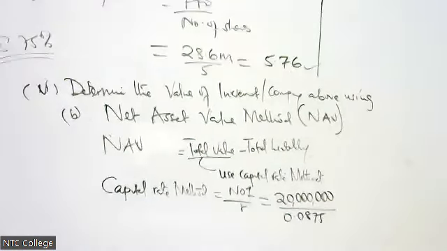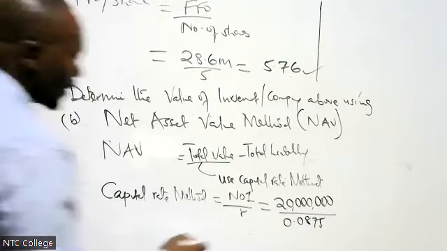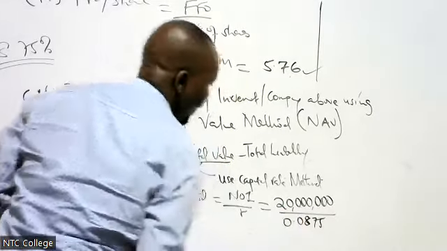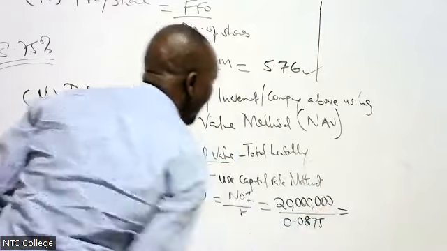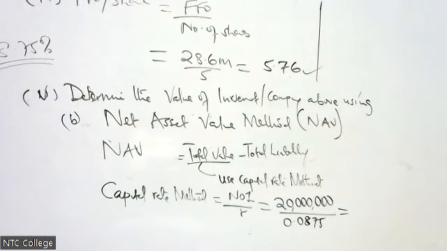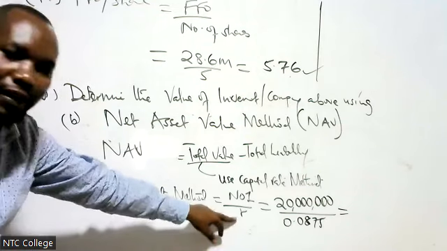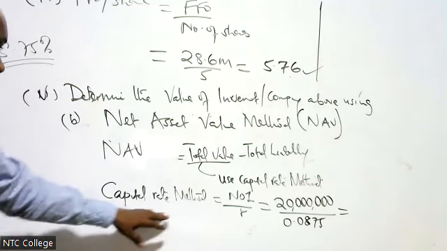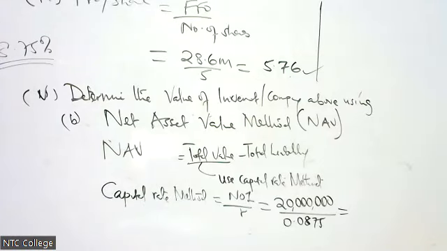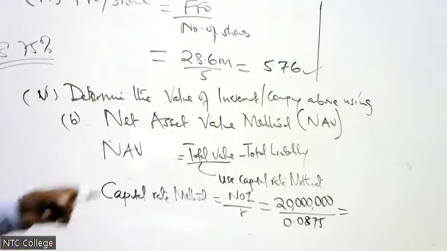What do you get? 0.0875 is the capitalization rate, which is the same as 8.75%. Ile tulifanya jana. So you have NOI all over R. That is the formula, capitalization rate method. What are you getting as the value using that formula?